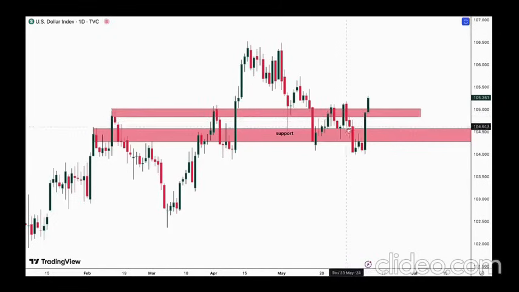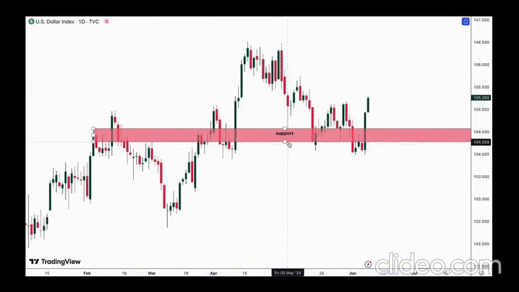You could say, okay, if this is support, the market broke this support and came back to test here, and this will be a down move. But all of a sudden the market knocks you out, just by reversing too fast. This is not a valid support. This one is valid support because it came from a higher time frame.